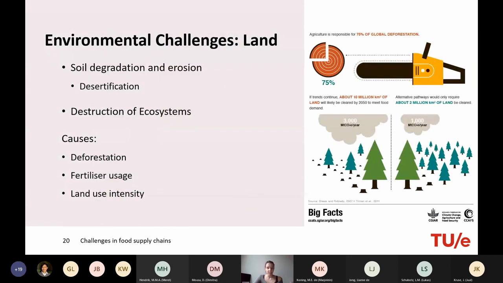Then another challenge that we're facing is related to land. So basically, through our agricultural practices, there is a lot of soil degradation and erosion that's happening, and that leads to desertification. And it also leads to the destruction of ecosystems.